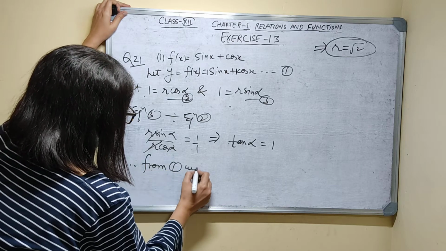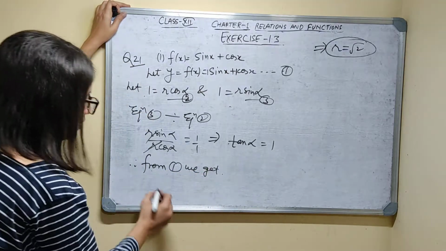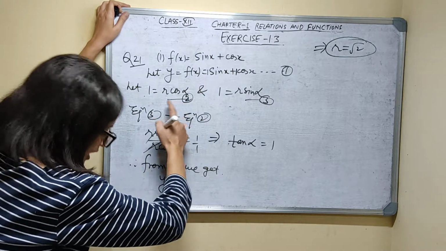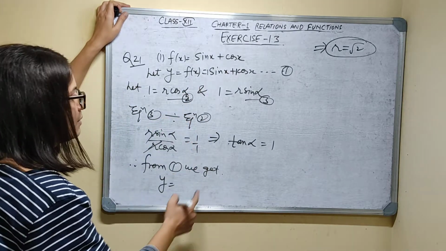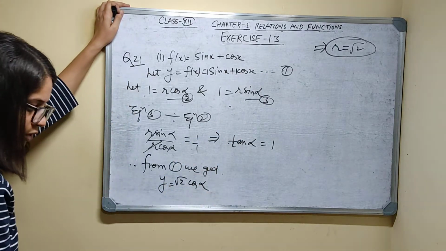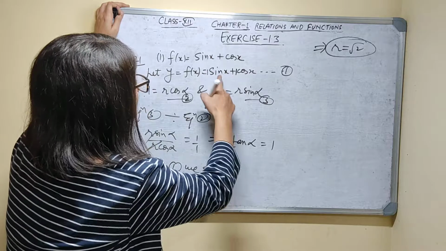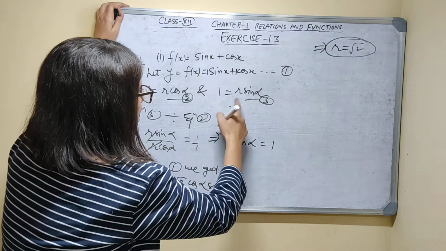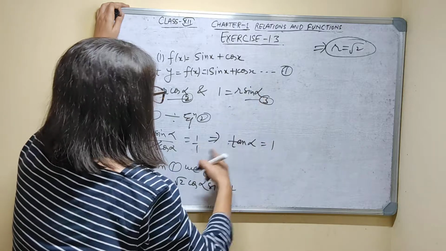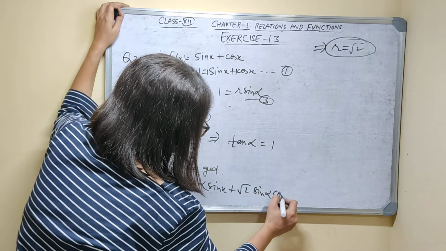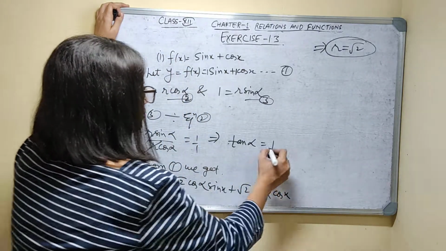So from the first equation we will get y is equal to, at the place of 1 I am writing r cos alpha, which means root 2 cos alpha, sin x plus 1, that is r sin alpha, cos x. So root 2 sin alpha cos x. Root 2 is common.